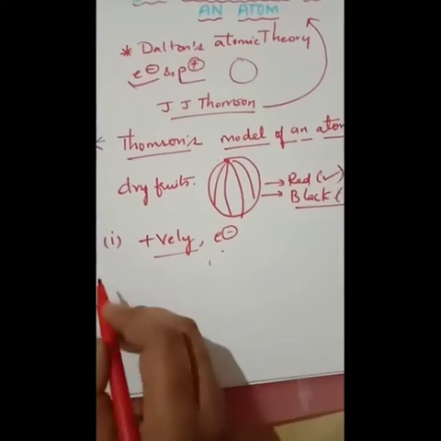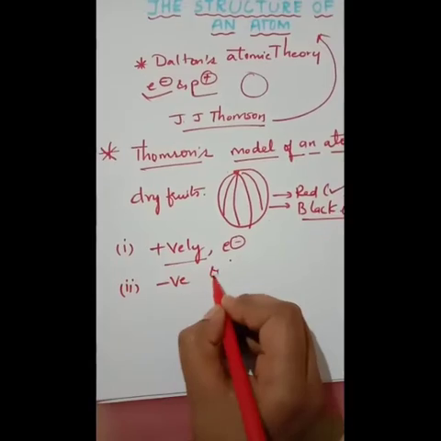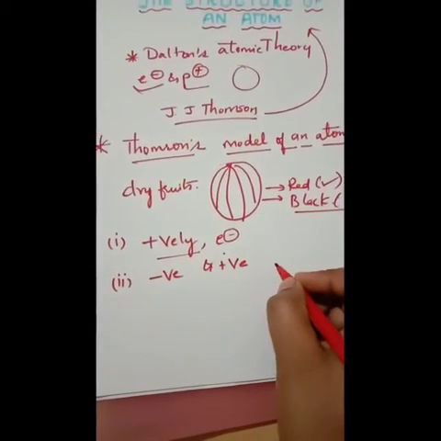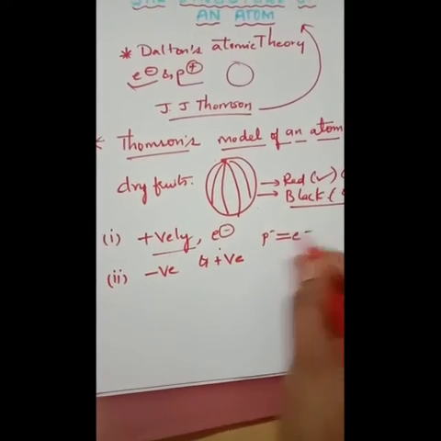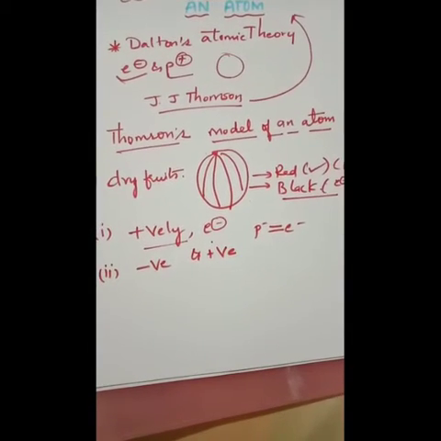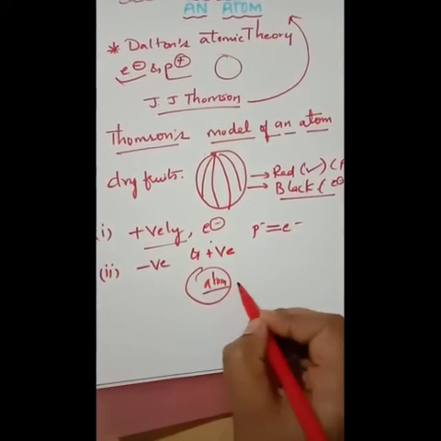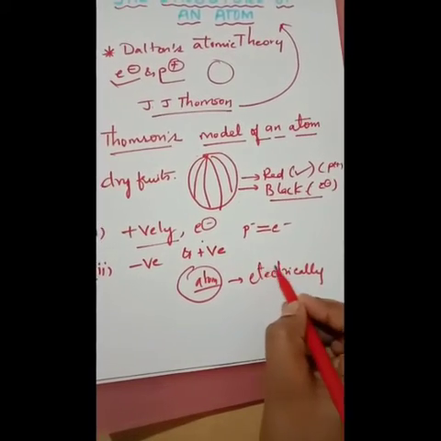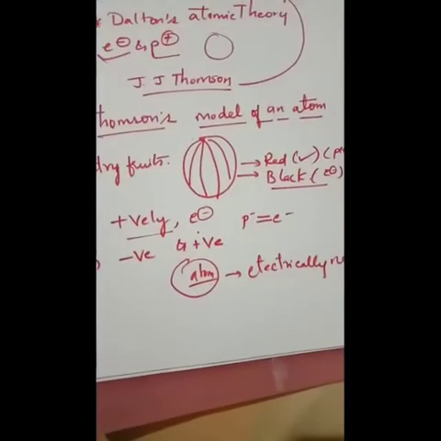The next point is that negative and positive charges are equal in magnitude. The magnitude of the positive charge is always equal to that of the electrons. So the atom as a whole is electrically neutral. Okay, so we call it electrically neutral.